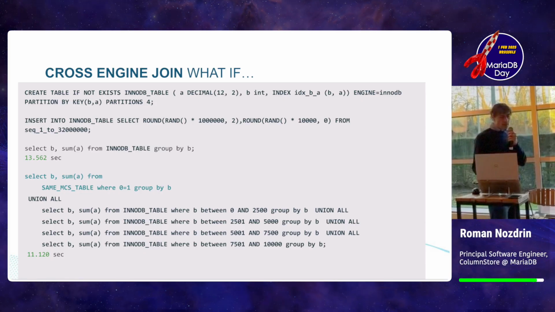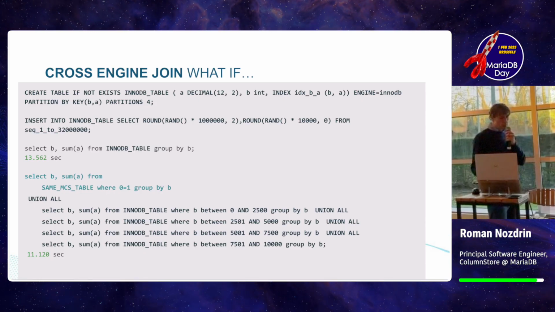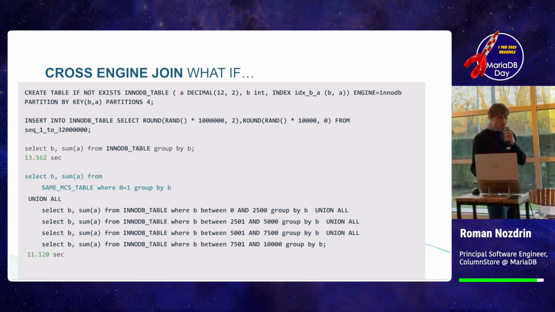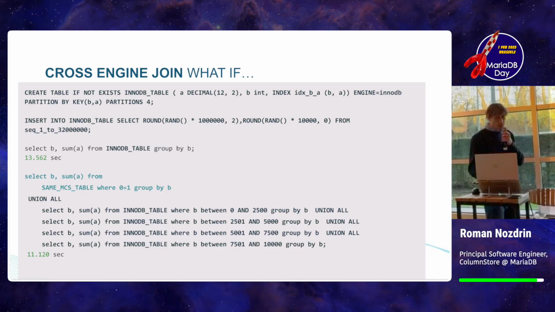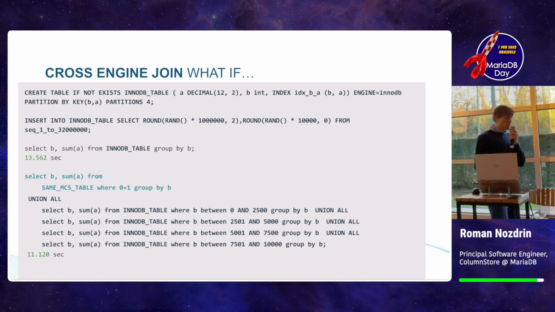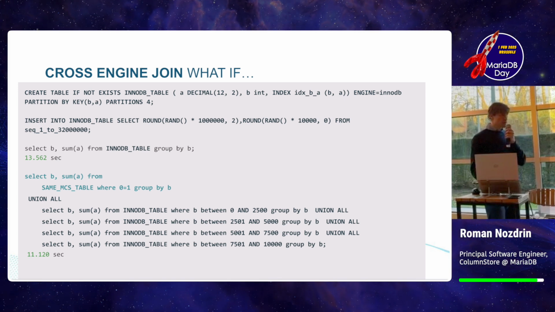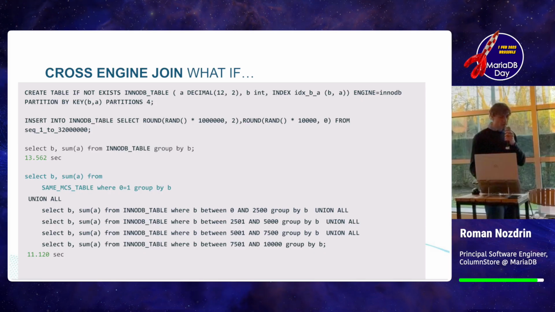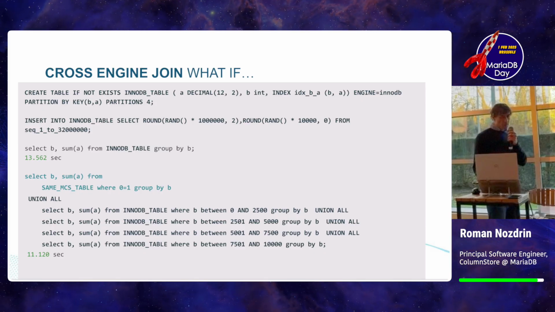And the second union part consists of a bunch of subqueries that leverage partitions. But you can see the timings are not very impressive, like 11 seconds against 13. But what happens under the hood?